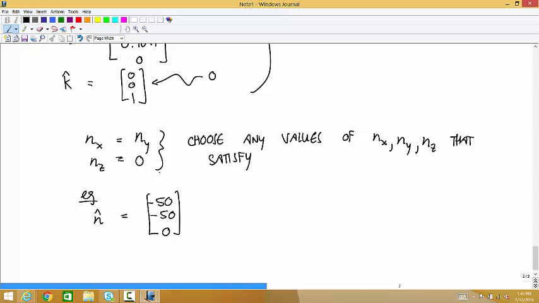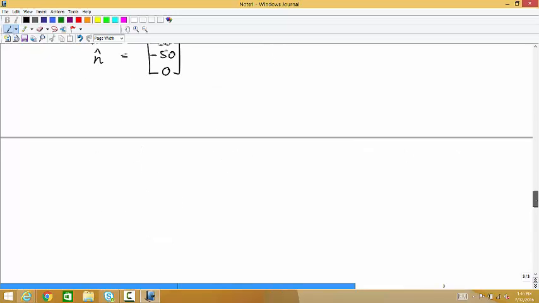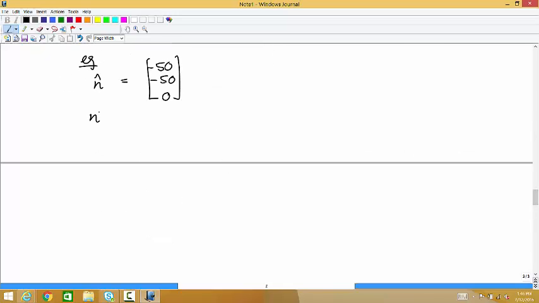But then we need it to be a unit vector. It's an outward-facing normal unit vector. And so to make this a unit vector, well, it's just a vector right now. The length of that vector is the square root of 50 squared plus 50 squared. What do you get? Is that square root of 5,000?